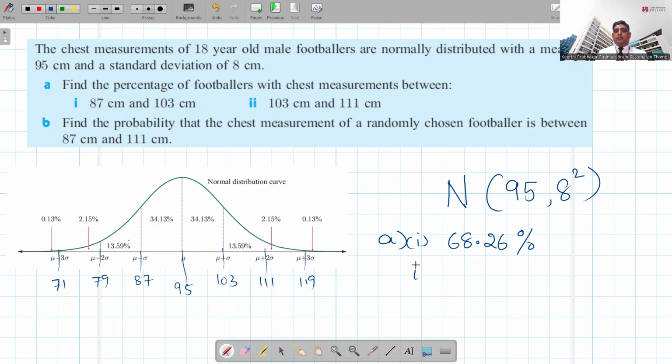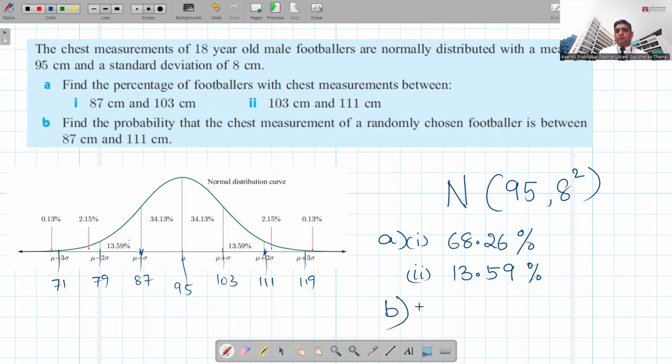The second part is from 103 to 111. So that is 13.59%. Now find the probability that the chest measurement of a randomly chosen footballer is between 87 and 111. Then we need to add these.